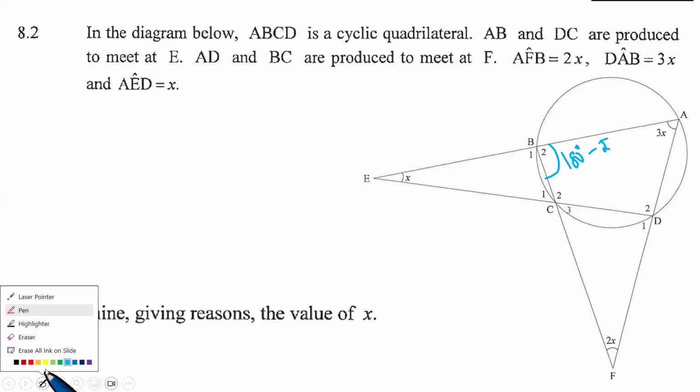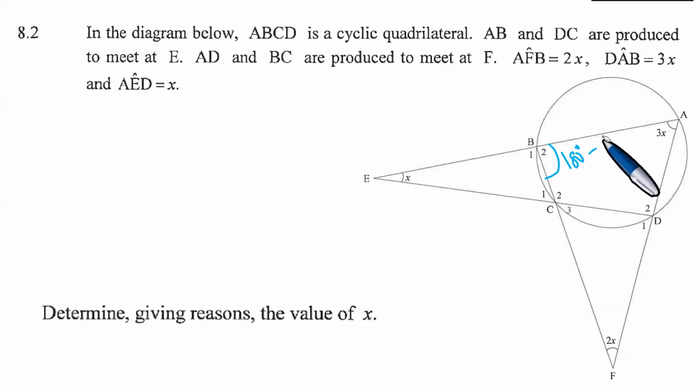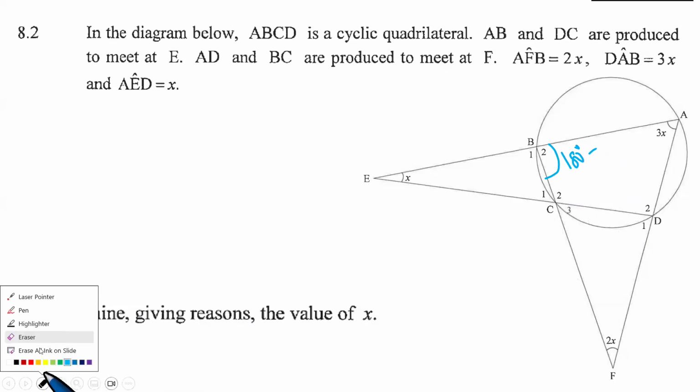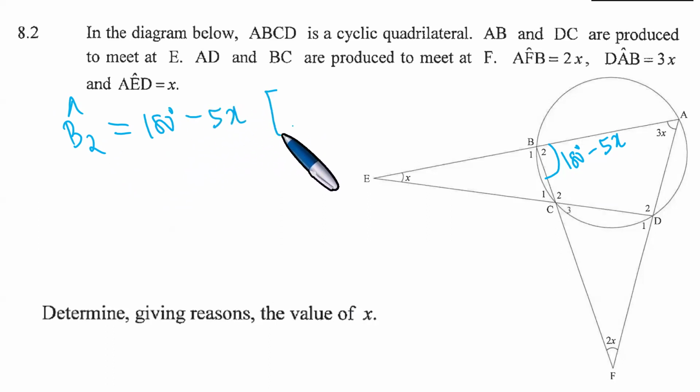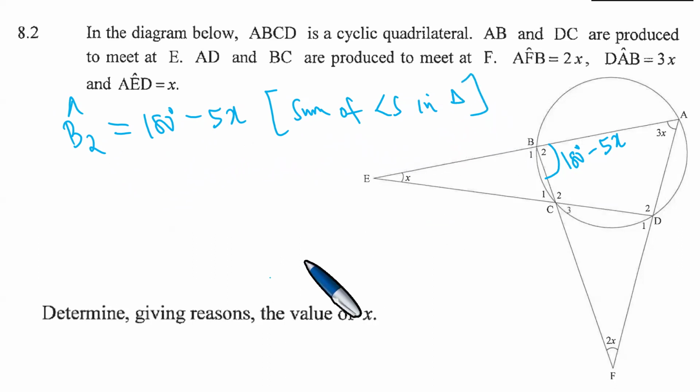So B2 is 180 degrees minus 5x. The sum of angles in a triangle. Next.